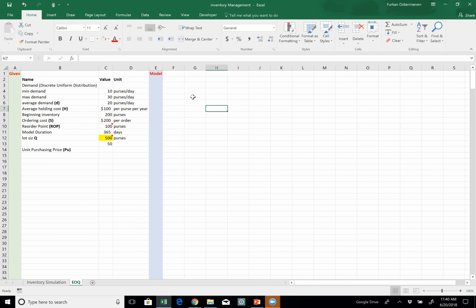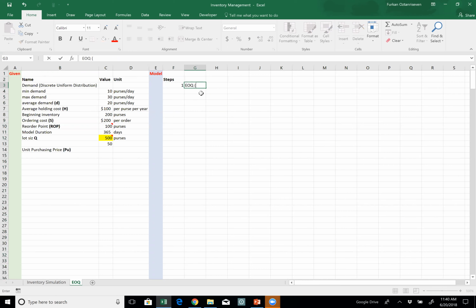In the EOQ model, let me calculate the steps here. Step number one, I will calculate the economic order quantity.